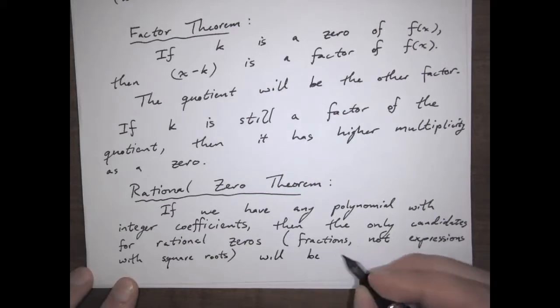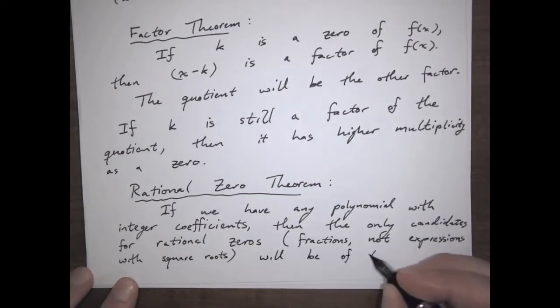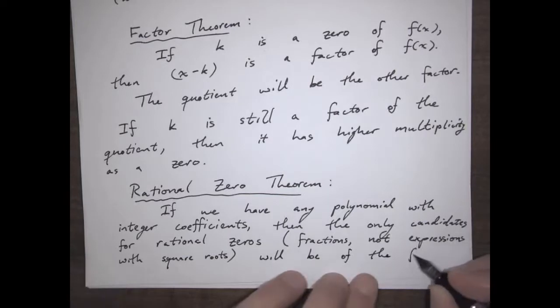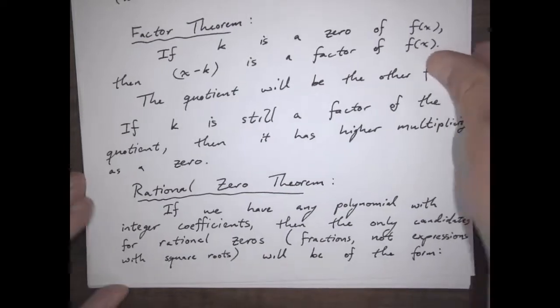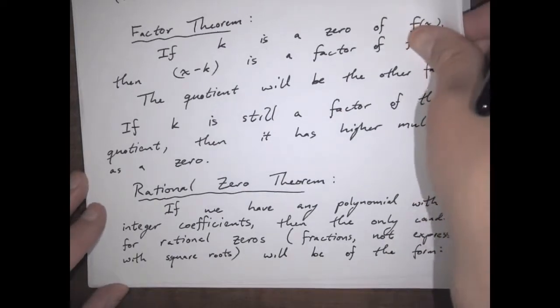So they're fractions, so we know it's going to be something divided by something, and the something divided by something here will look like this.